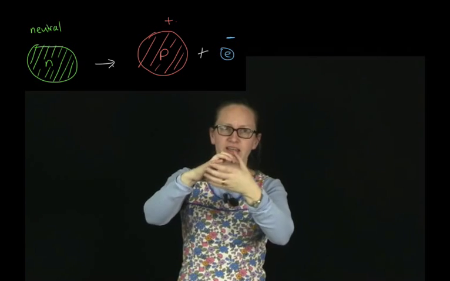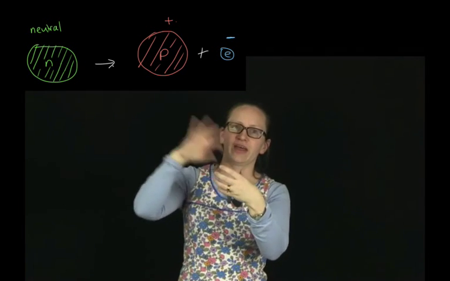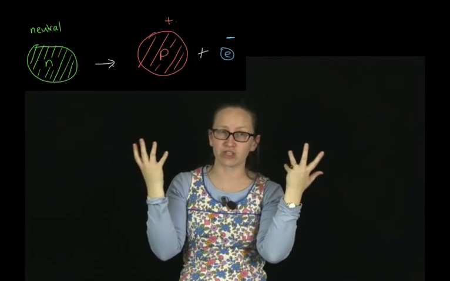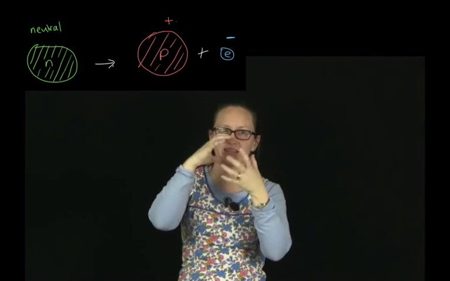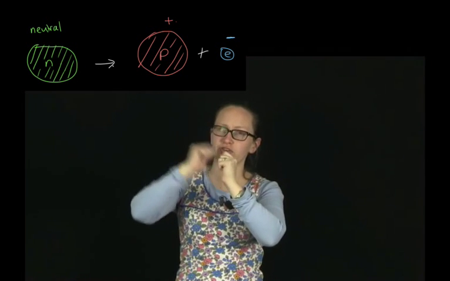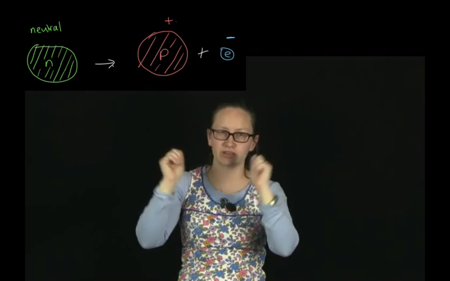So the next type of decay is beta decay. In beta decay, a beta particle, which is commonly known as an electron, is released. How this actually happens is that a neutron inside the nucleus is converted into a proton and an electron. You can see here that charge is conserved, because a neutron has no charge and it's converted into a proton with positive charge and an electron with the same amount of negative charge.